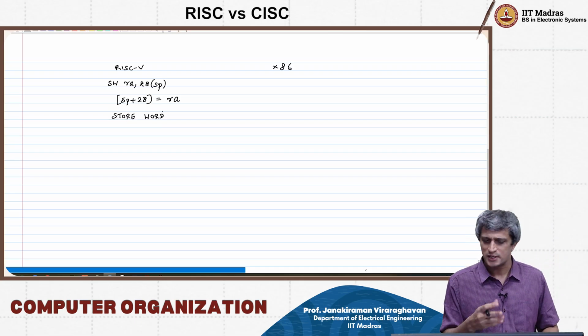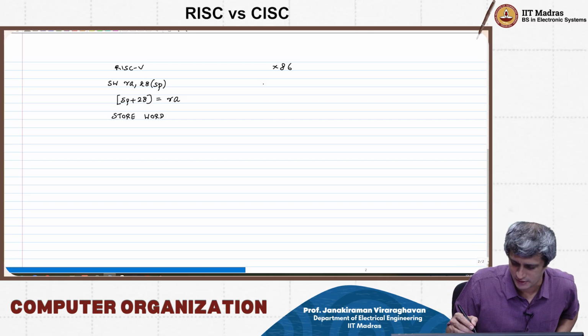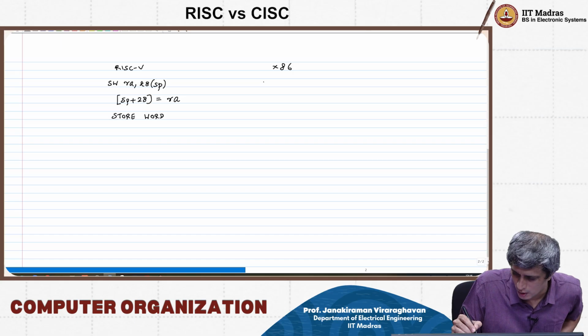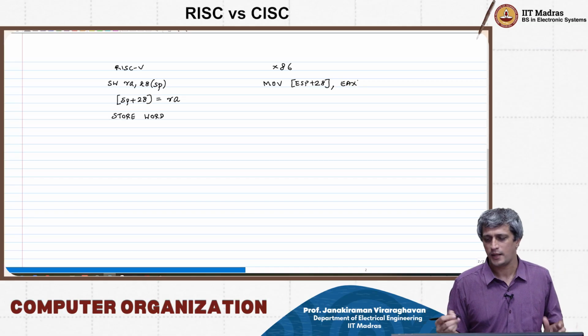This is something we saw very frequently in x86. In fact we would have done mov [esp plus 28], eax.